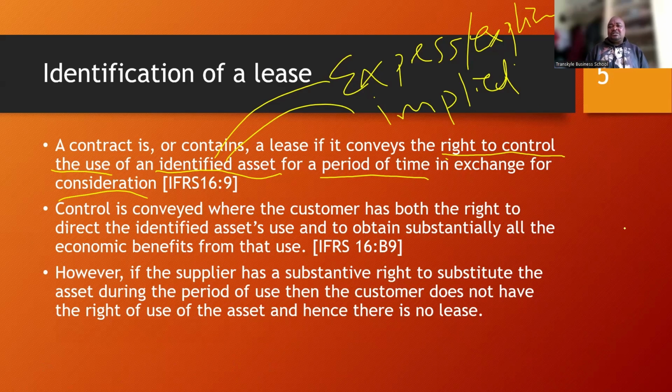But sometimes the contract asset, the lease asset, the identified asset, may be implied. For example, A knows that B has got only one machine, and this machine produces a certain type of products. And B doesn't have any other machine except that one.